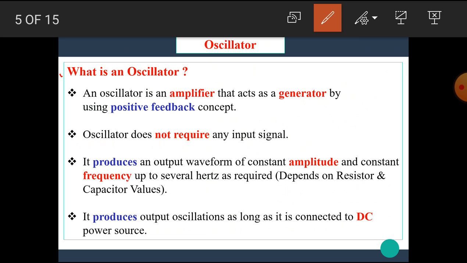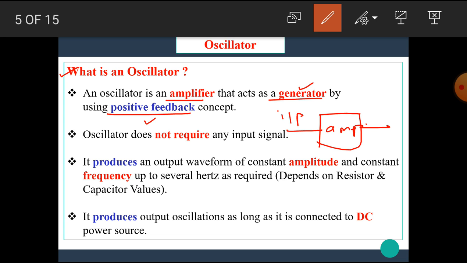What is an oscillator? An oscillator is an amplifier that acts as a generator by using the positive feedback concept. That means the oscillator is an electronic device which acts as a generator and uses a positive feedback network. Basically, the oscillator is an amplifier. We know that every electronic circuit requires input, then it gives us output.